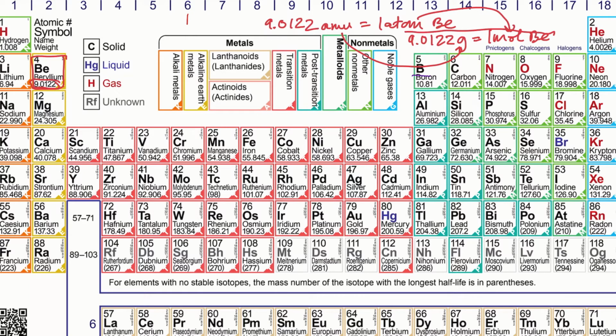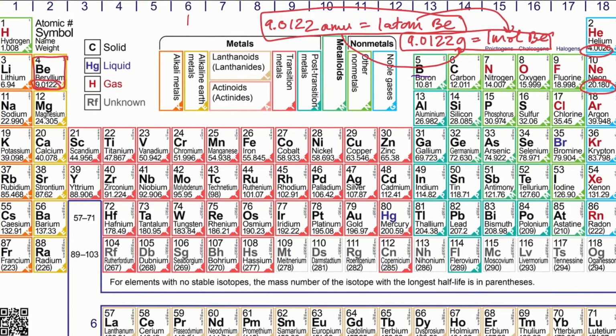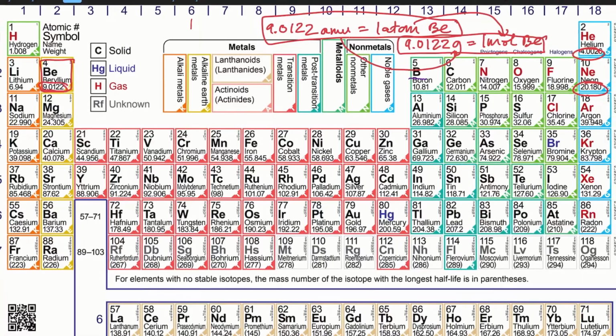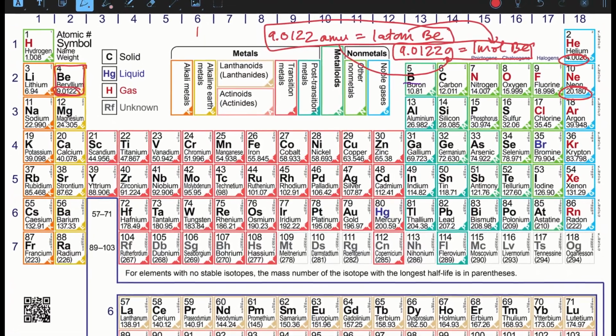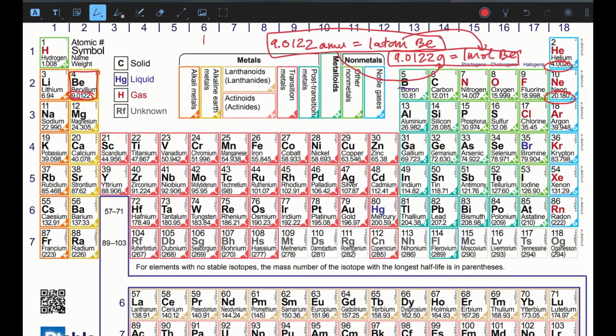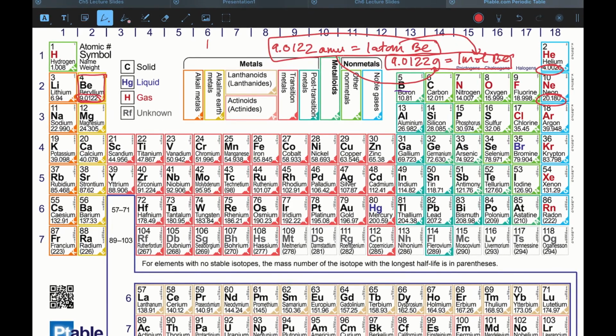So that same number that gives the mass of an atom in AMU gives the mass of a mole of atoms in grams, yes? So a mole of neon atoms has a mass of 20.18 grams. A singular neon atom has a mass of 20.18 AMU. Does that make sense?